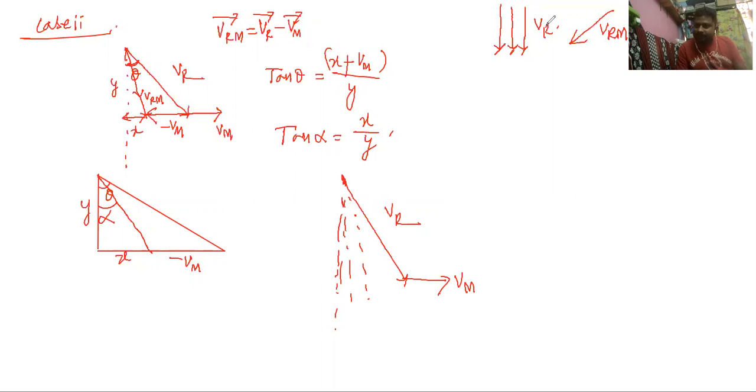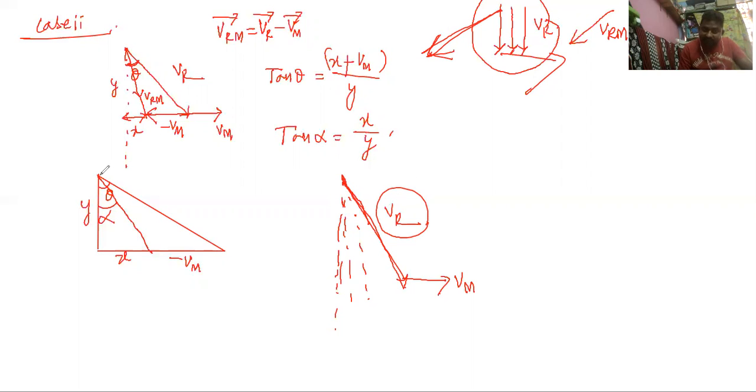Because if the rainfall is like this, actual rainfall, as he's moving, for him rain appears to be like this. Always rain appears to be like this towards him, not away from him. When the actual rainfall, because of the wind flow, may be in this way, the rain appeared to be in this direction for him. This is the velocity of the rain with respect to man.